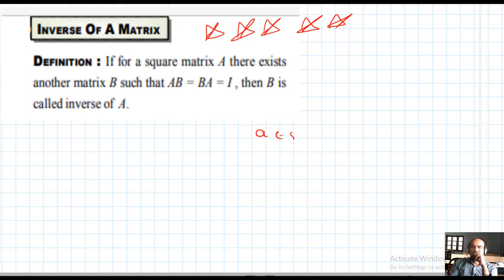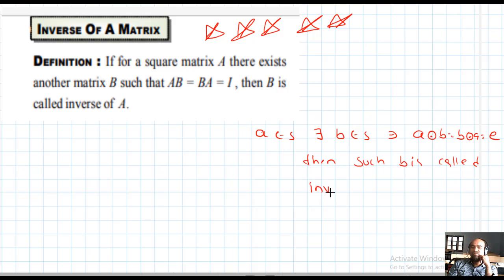A belongs to S, there exists another element B belongs to S, such that A circle dot B equals B circle dot A equals E. Then such B is called the inverse of A with respect to circle dot, and the property is called the inverse property.